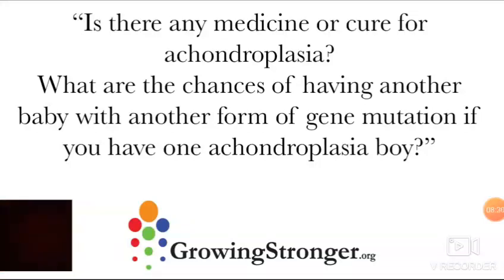The second question relates to, I guess, recurrence risk. So if we have two parents of average stature and they have a child who has achondroplasia, the recurrence risk for that particular couple would be approximately 2 or 3%.